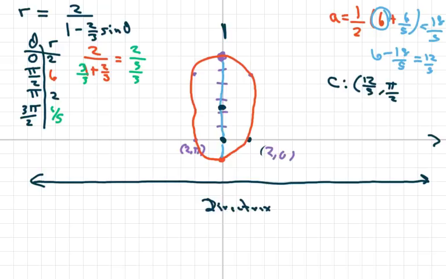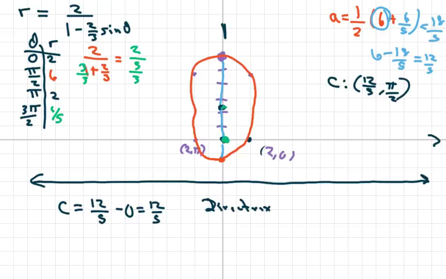And then for our foci, we need to do that C, I'll do it down here, equals 12 over 5 minus 0 equals 12/5. So that's your C. We already have a focus here at the pole.